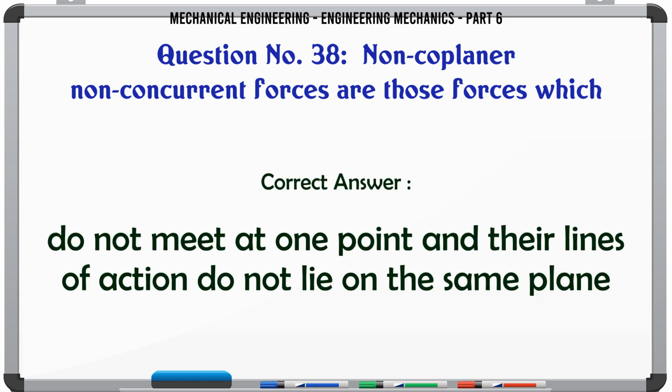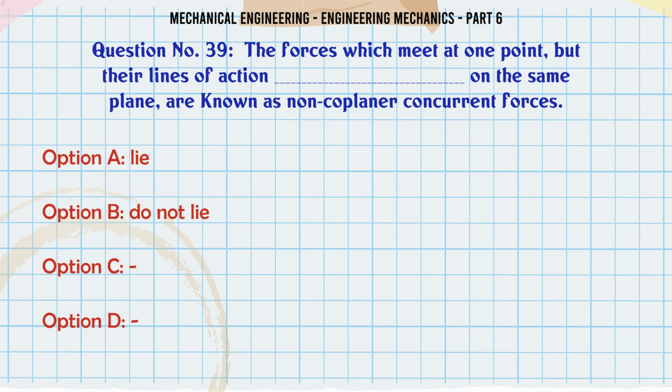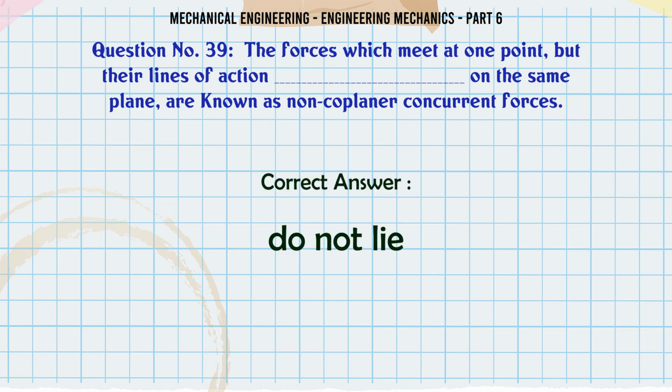The correct answer is do not meet at one point and their lines of action do not lie on the same plane. The forces which meet at one point but their lines of action on the same plane are known as non-coplanar concurrent forces. A. Lie. B. Do not lie. The correct answer is do not lie.